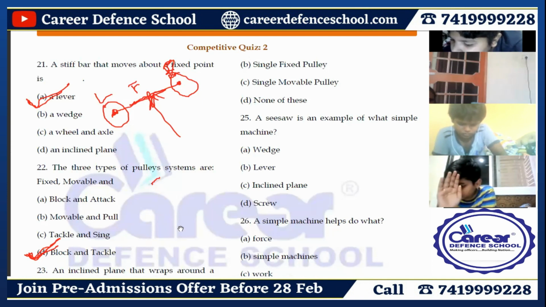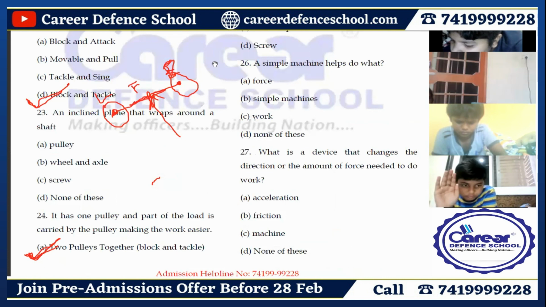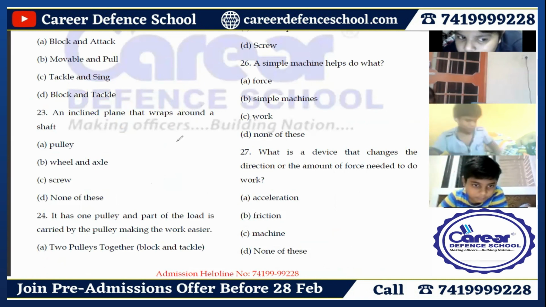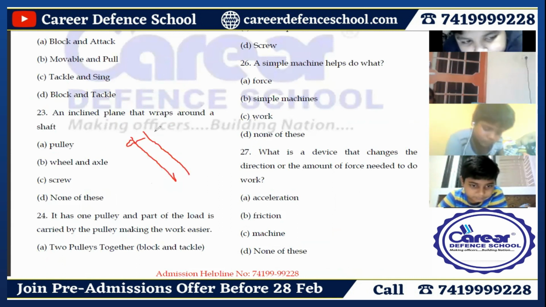Question number 23. Havish, you will answer. An inclined plane that wraps around a shaft. Now let us see, this is a shaft, and the inclined plane is like that. It is wrapped. Can you tell me which type of machine it is? Ma'am, screw.